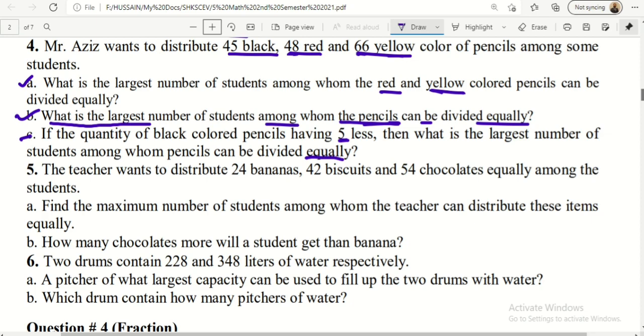Now you can take a screenshot of questions 5 and 6, because these 2 will be your homework, HW. So take a screenshot, do the HW and send it to my personal messenger. I will give you feedback.